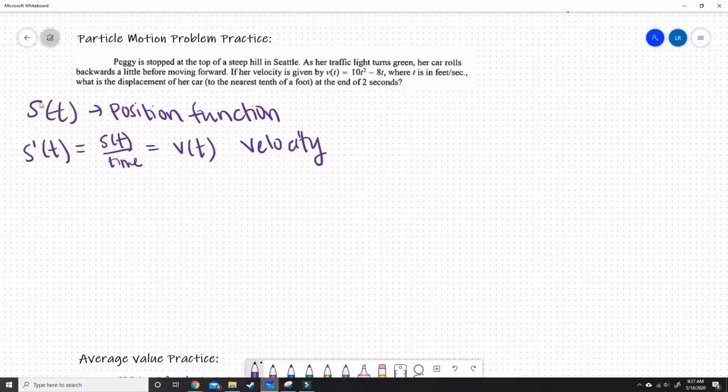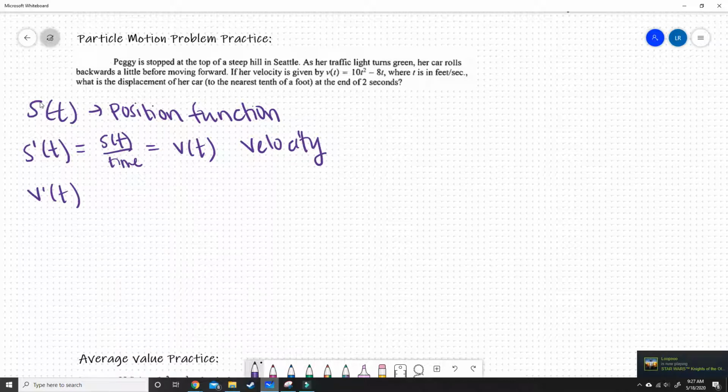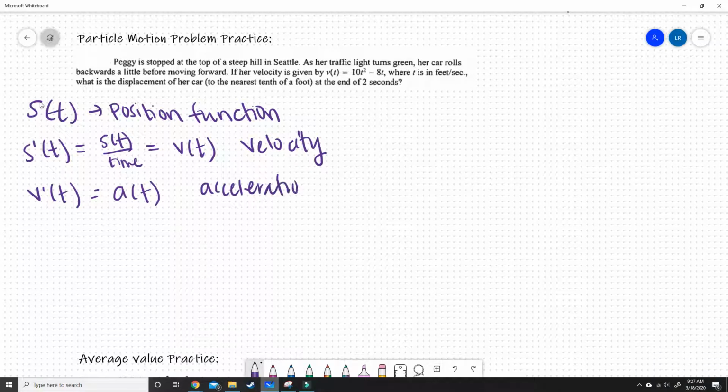Now, if you take the derivative of the velocity function, what you get is the amount something has moved divided by time, and that ends up being acceleration. That's our acceleration function. And so it's important to know that we're going to go position to velocity to acceleration.